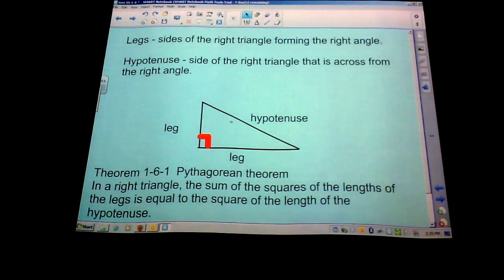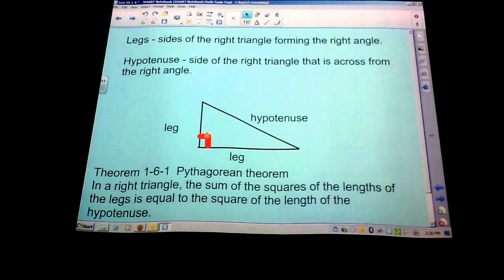And now let's start talking about the Pythagorean theorem. Well, in order to understand the Pythagorean theorem, we must understand the parts of a right triangle first. So the sides have special names in a right triangle, and we have 2 things that are called the legs, which are the sides that form the right angle.